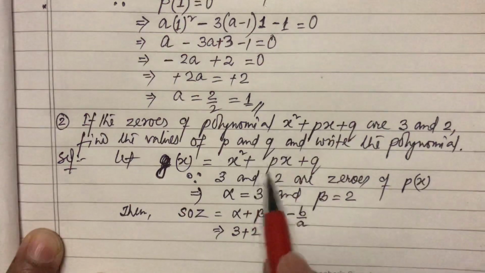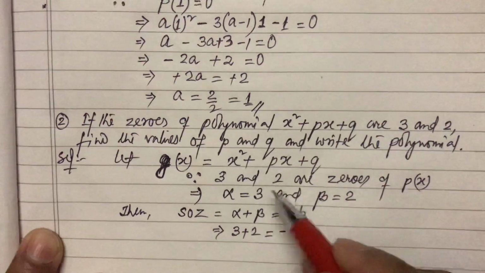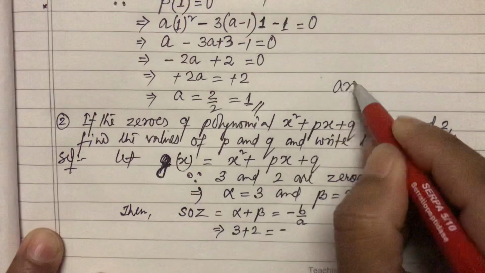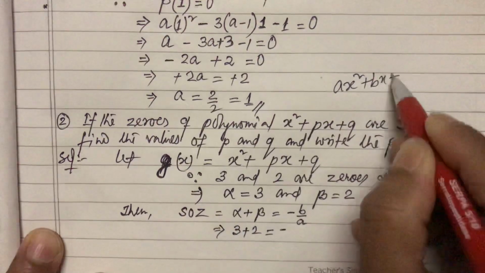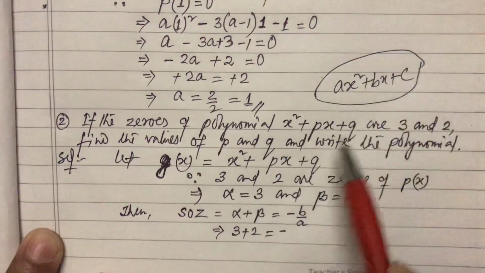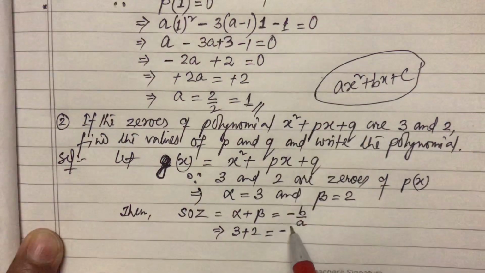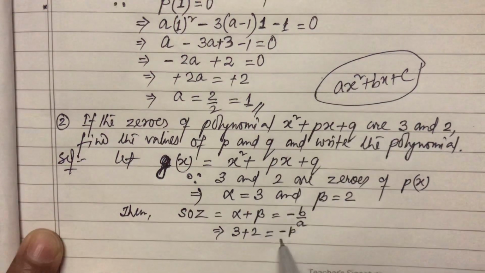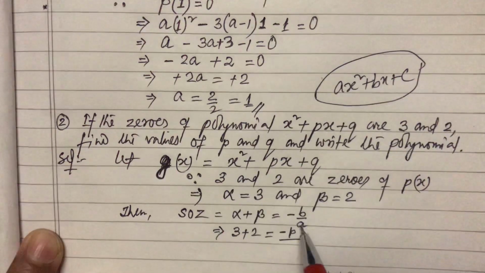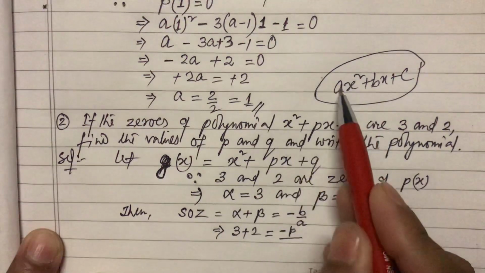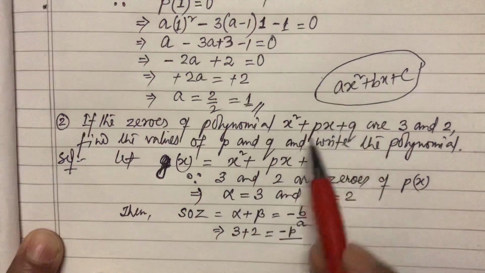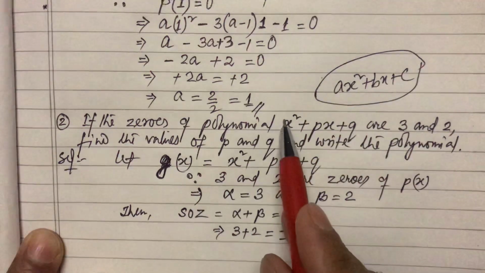When you compare this with the standard form of polynomial, ax square plus bx plus c, p is nothing but b. So I can replace this b by p upon a. The coefficient of x square is a, and that is nothing but 1 here.